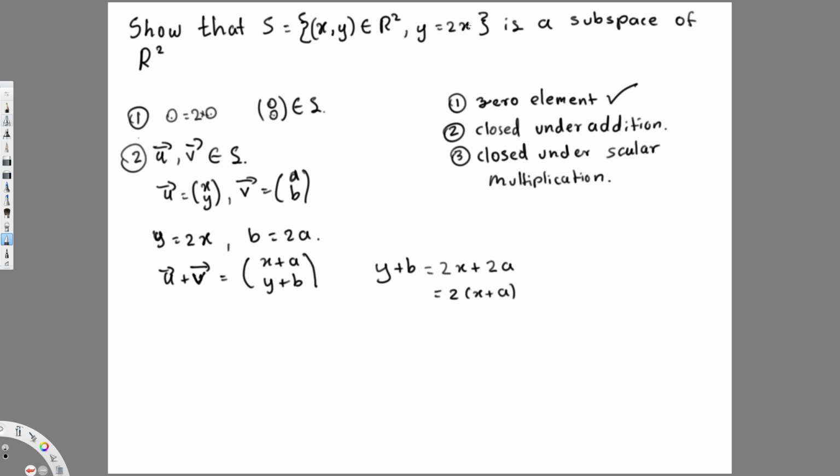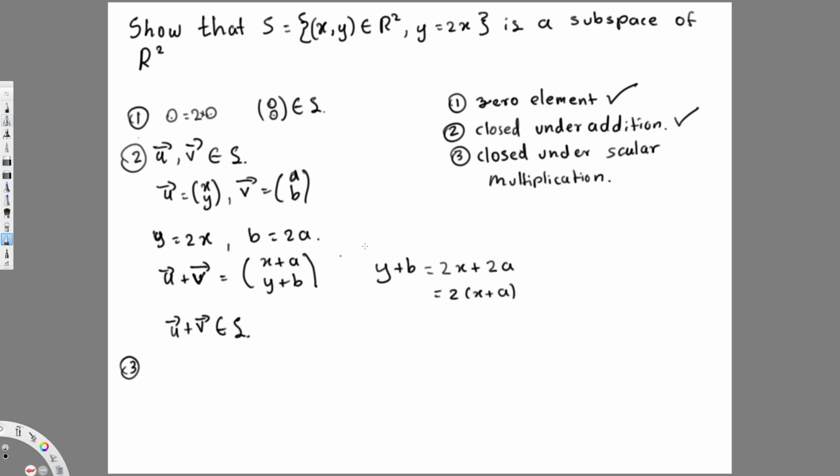According to this formula, y is equal to 2x, so any second value should be double the first one. So y plus b should be equal to 2 times (x plus a). We proved that it's true. Therefore, u plus v belongs to S. Therefore, S is closed under addition.